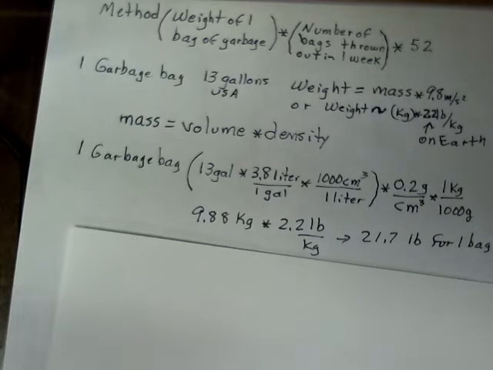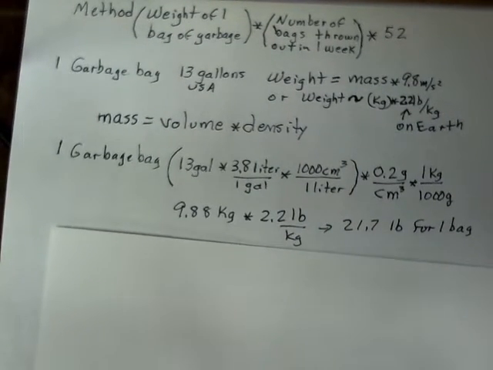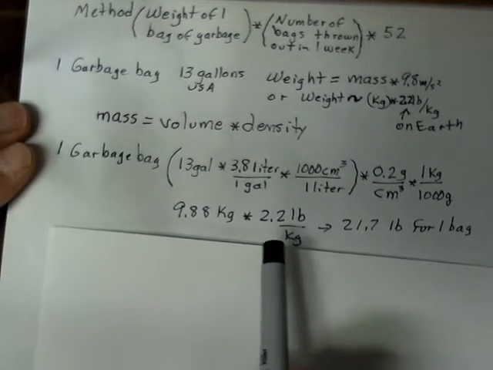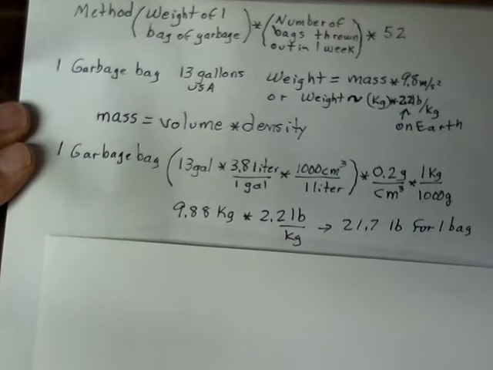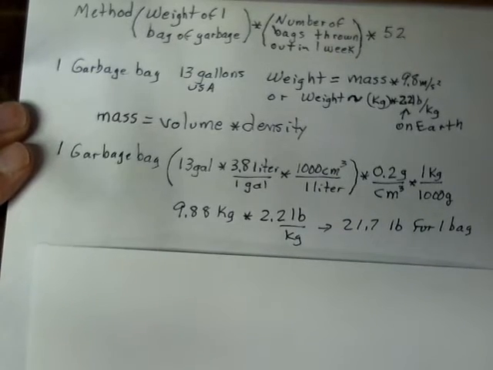And I came up with 9.88 kilograms as the mass of one bag of garbage. I'll straighten that out for you a little bit here. And then again, using the conversion factor, and that's not an exact conversion factor, I'm approximating here, 2.2 pounds per kilogram. So I come up with 21.7 pounds for one bag of garbage.